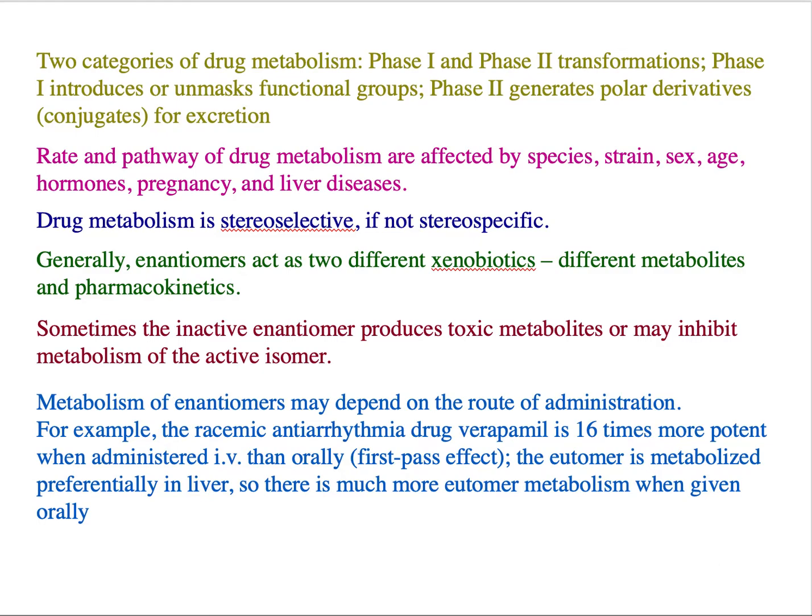So there's a lot of different things that affect drug metabolism, and even in the same person, it can differ on different days, etc. It's very dependent on many different variables, and that can be kind of a problem.